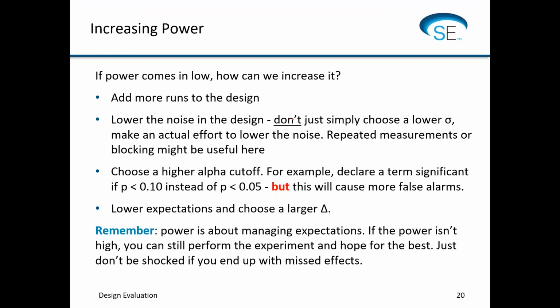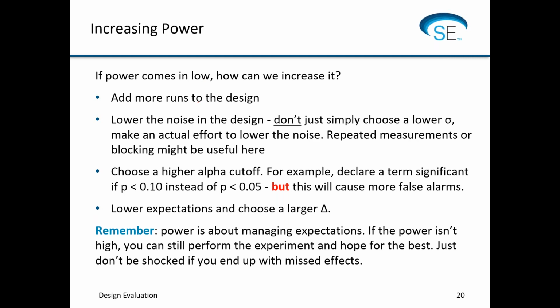So here's the question everybody always asks. If power comes in low, how can we increase it? Well, for one, add more runs to the design. More runs means more data, more information, so it should be easier to detect changes. As we saw in that quadrant of power, less noise means it's easier to see changes.